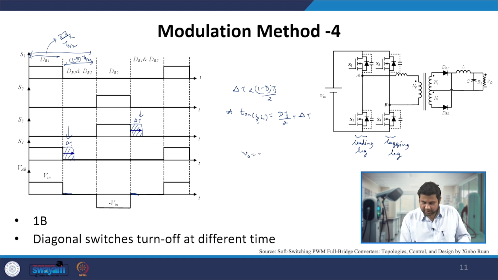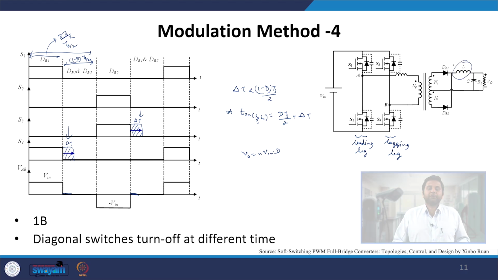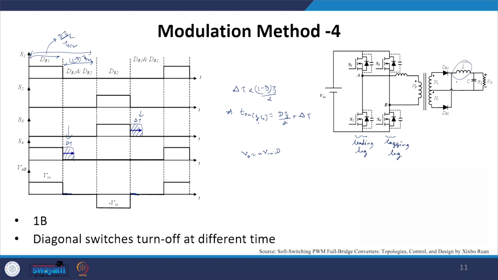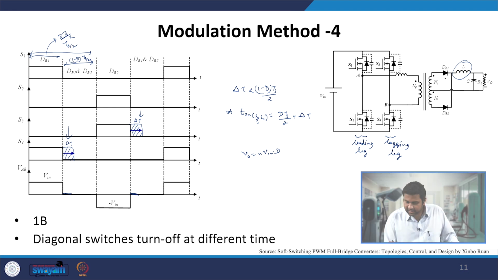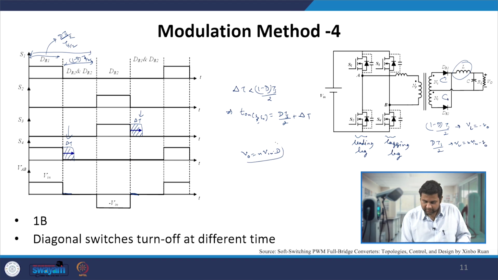That's when my V0 is still N Vin times D, which we obtain by doing the volt second balance on the output inductor L. So during that time they are freewheeling. During the 1 minus d Ts by 2 period we apply VL equal to minus V0, and in the d Ts by 2 period we apply VL equal to N Vin minus V0, and when we do the volt second balance, which we have done in 2-3 lectures back, we get V0 equal to N Vin times D.